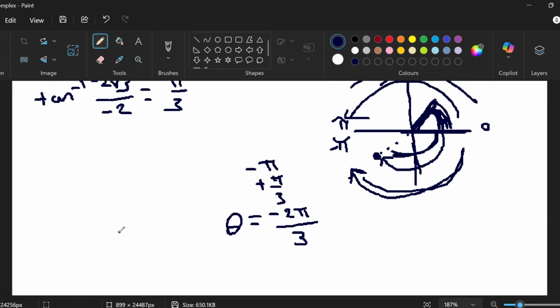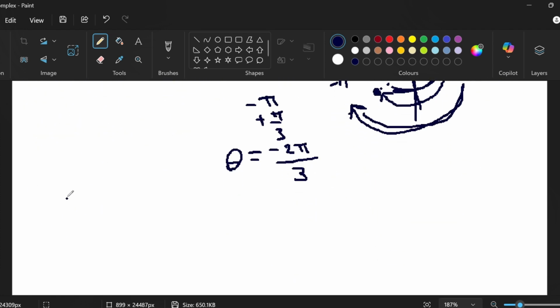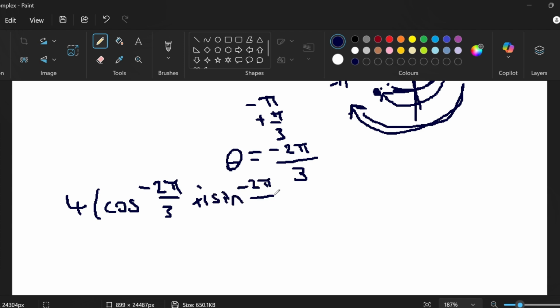So let me write this number now in polar form. So I have r equal to 4 times cosine negative 2 pi over 3 plus i sine negative 2 pi over 3.